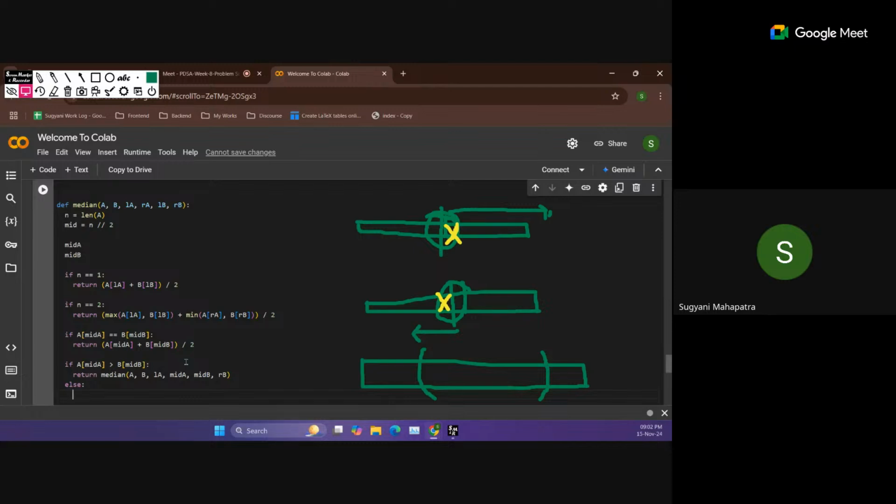Next, what will happen otherwise? It's the opposite scenario. What is the opposite scenario? This value is greater than this value. Exact same thing, but opposite.